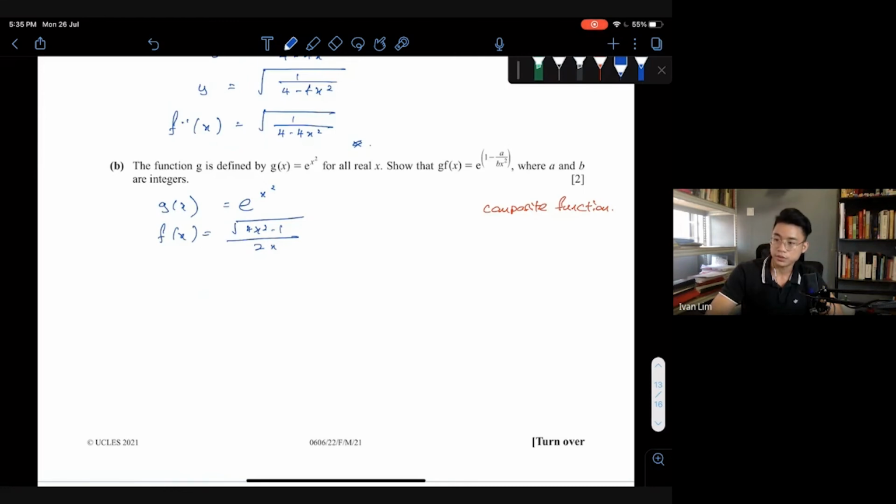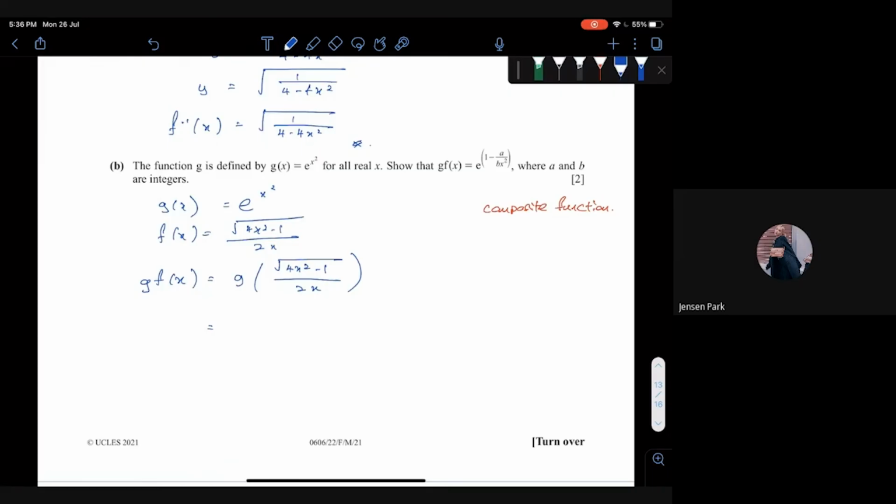You need to square the thing. So g f x: my new x is replaced by 4x squared minus 1 over 2x, squared. Need to square the thing, right? One step at a time.